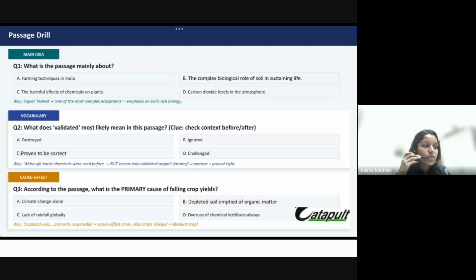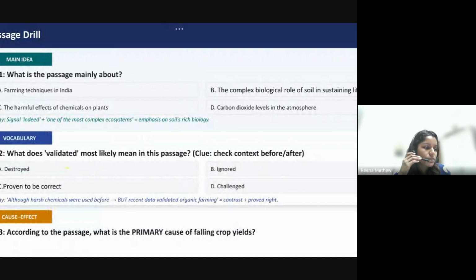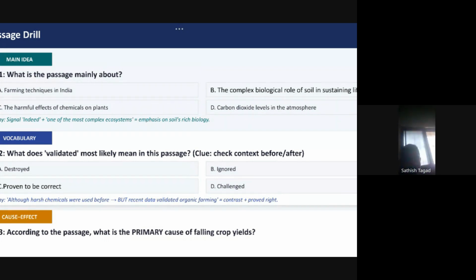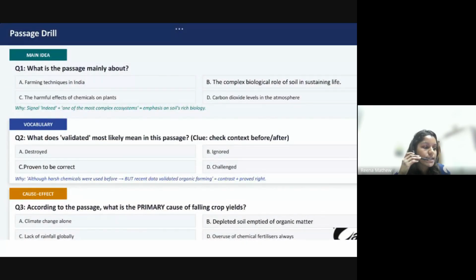Okay. So the answer is The Secret Life of Soil. That is an interesting title for it. So can you identify the correct answer? Correct option kya hai? First question ka. The answer is B, the complex biological role of soil in sustaining life.